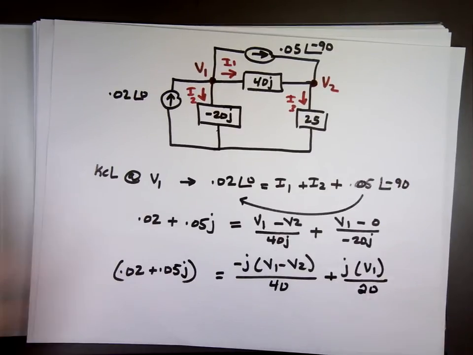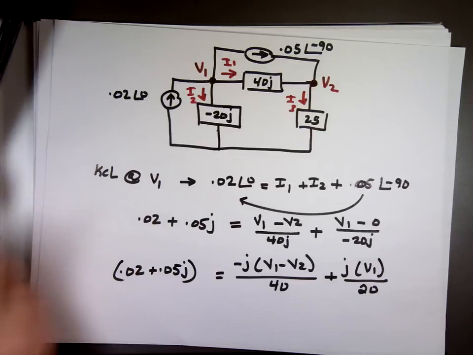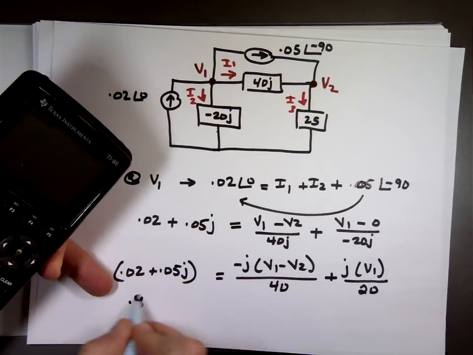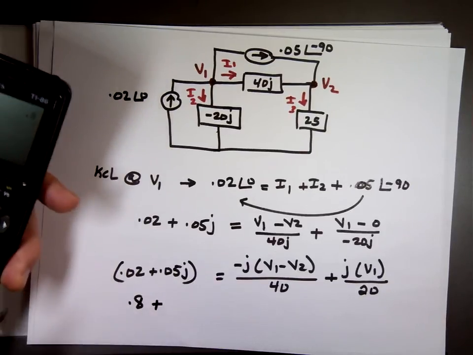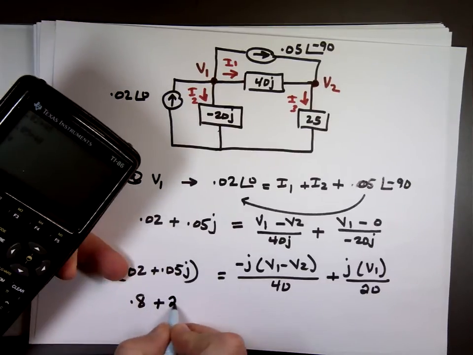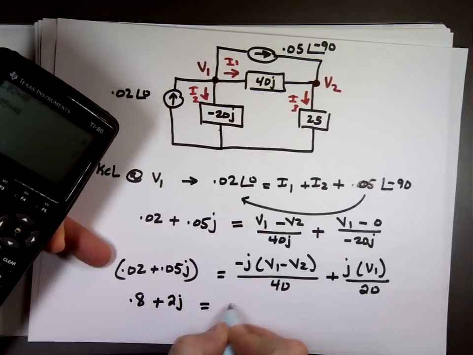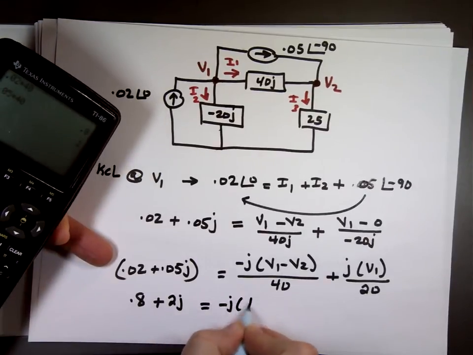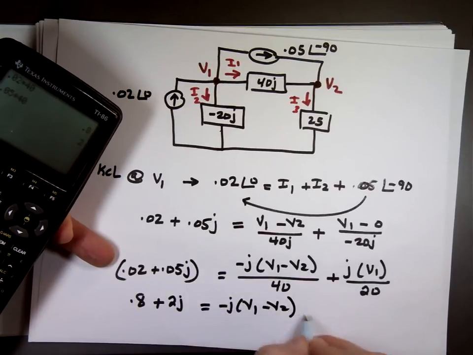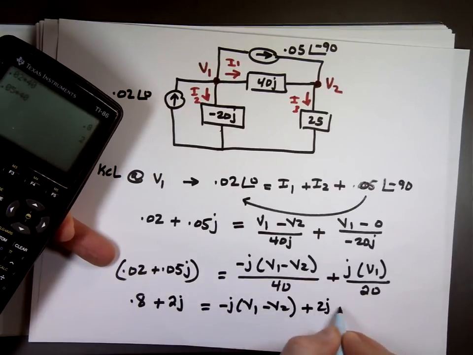And what's my LCD now? Isn't that a 40? Multiply by 40. 0.02 times 40 is 0.8. 0.05 times 40 plus 2j equals negative j times V1 minus V2 plus 2j times V1.